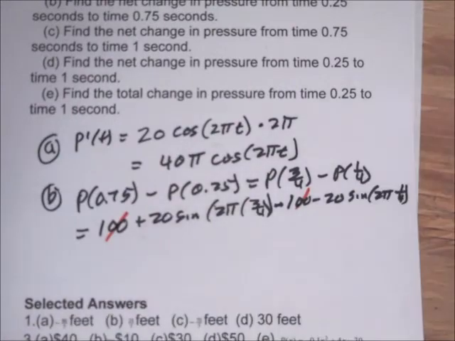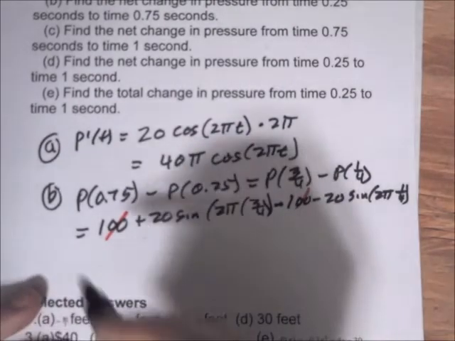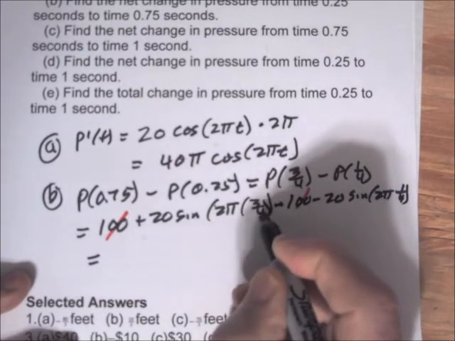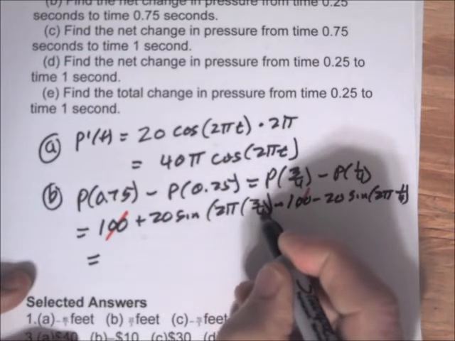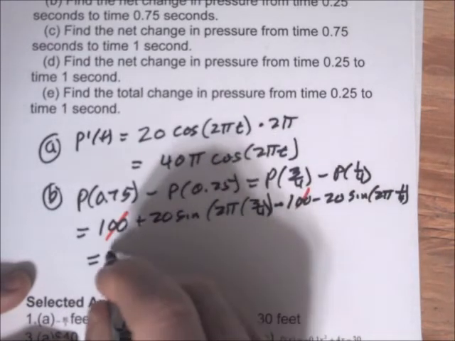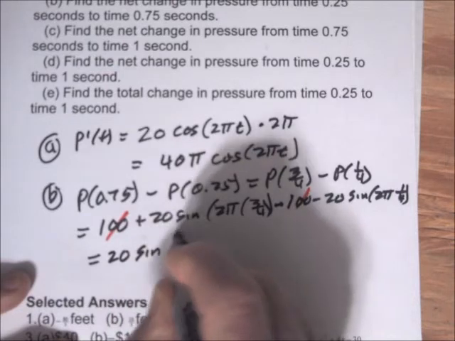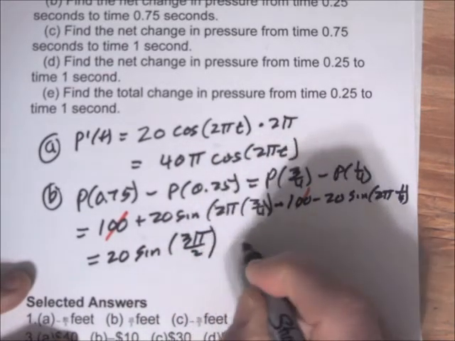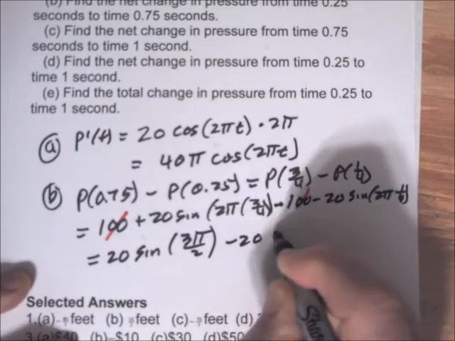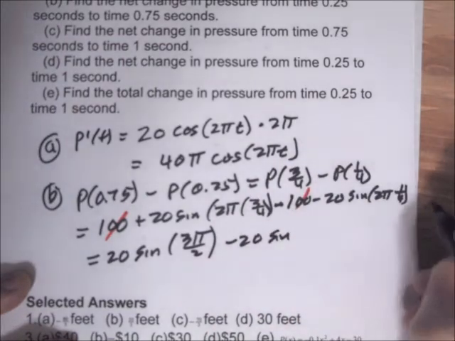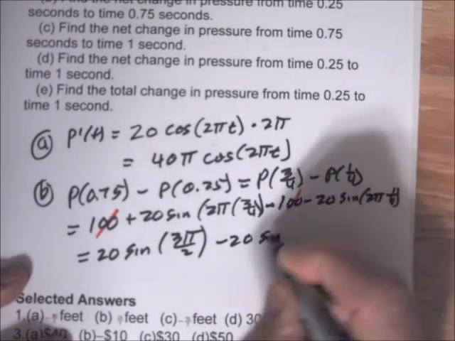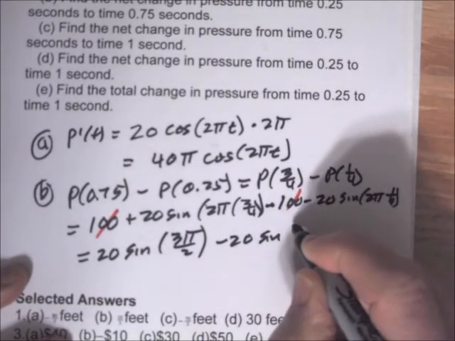And 4 into 2 goes 2, so it's 20 sine 3 pi over 2 minus 20 sine pi over 2. 2 into 4 goes 2, so this will be pi over 2.